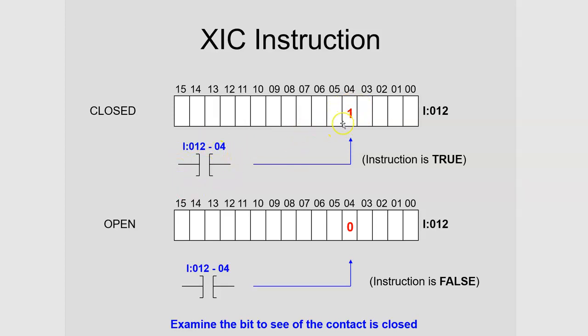If that switch is open, there's a 0 there, it's down here, and when this examines that, examine if closed, it's actually looking for a closed position or a 1 for this to be true. If it sees a 0, then this will be false. That's our first basic instruction.